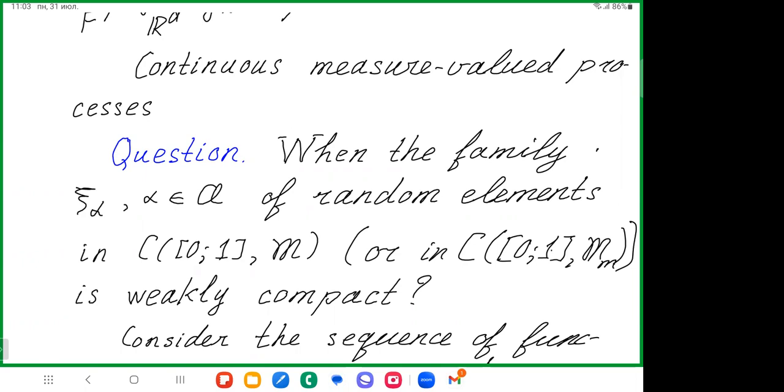Before introducing my approach, I must say that there are a lot of books devoted to measure-valued processes where you can find criteria of weak compactness, of course. Maybe one of the best known is the Aldous criterion of weak compactness for measure-valued semimartingales. But in order to have weak compactness, we have to check some general properties.